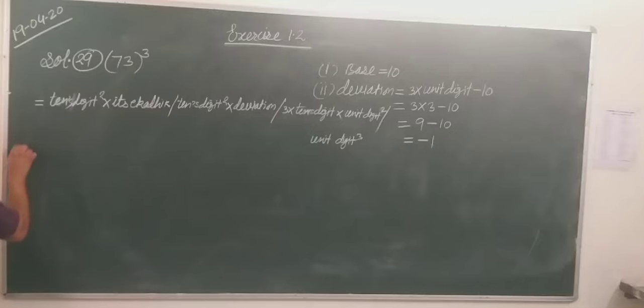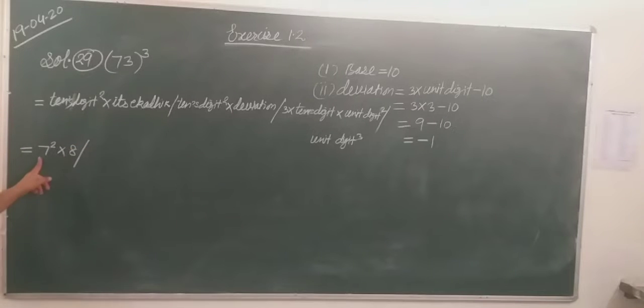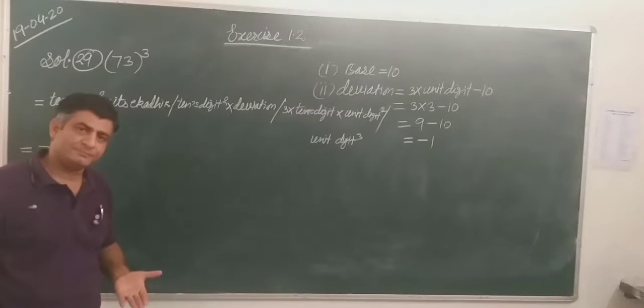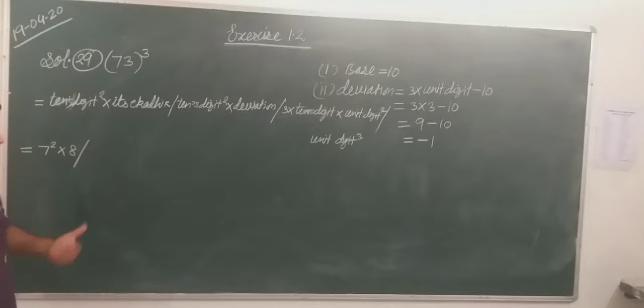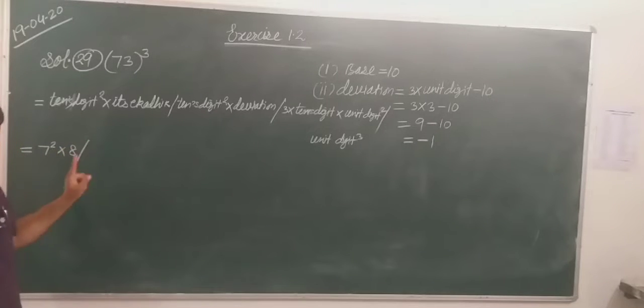Now we will find the tens digit square. Our tens digit is 7. So 7 square into its Ekadikeyan. What is the Ekadikeyan of 7? It is the successor of 7, which is 7 plus 1, that is 8.